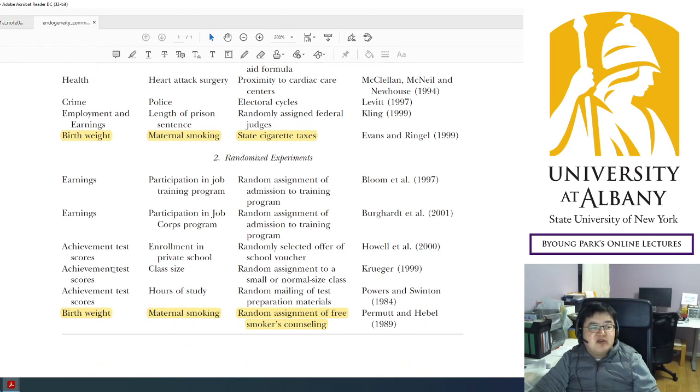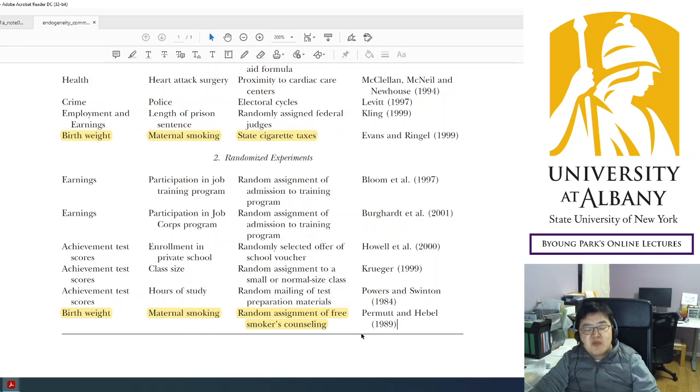Alternatively, the same topic has been studied in a different context, in another paper, using a different instrumental variable, which is random assignment of free smoking counseling.